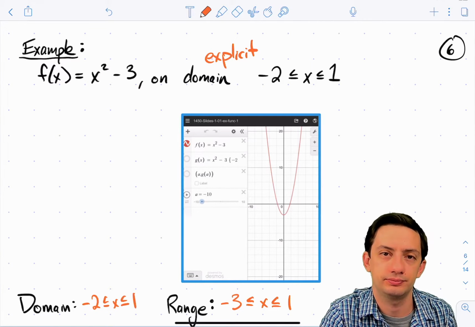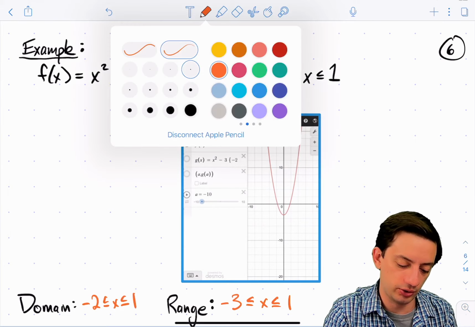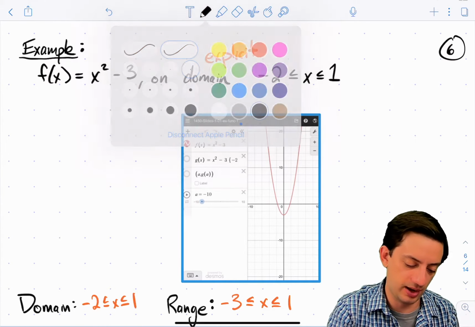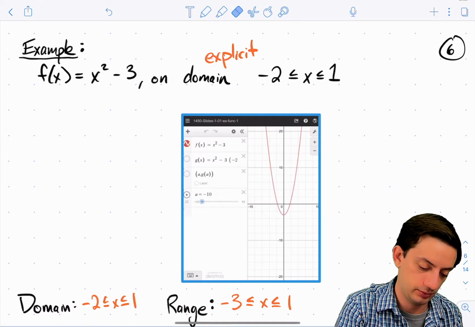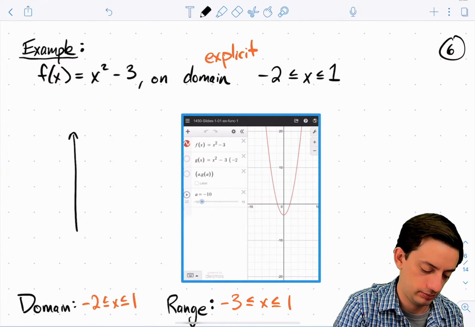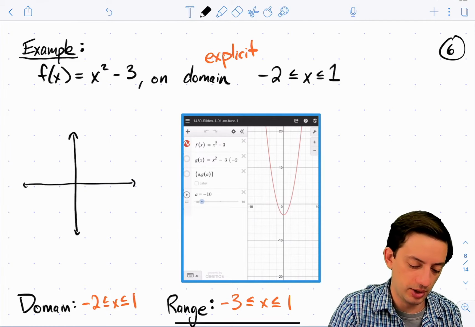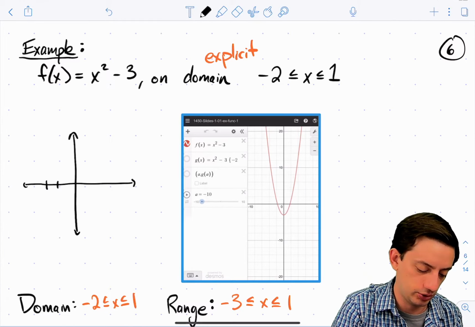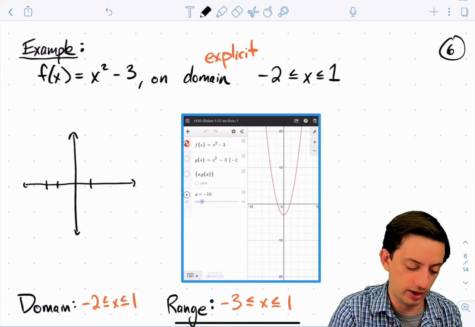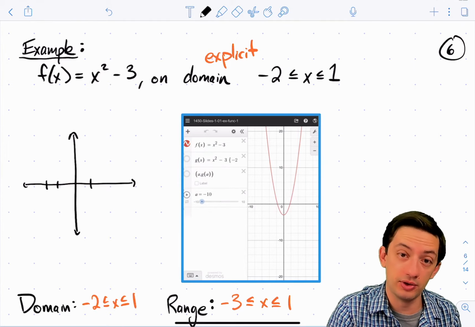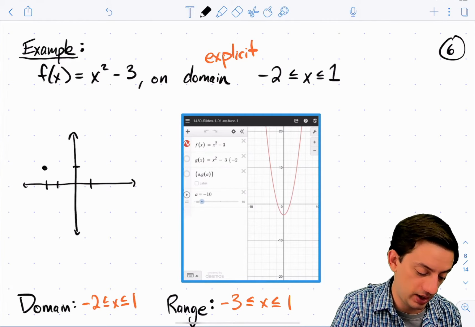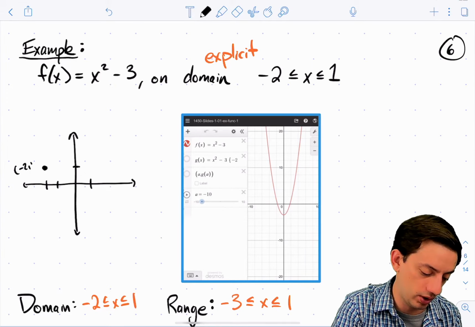and 1. So let's draw a little graph over here on the side, just so we have it. So our domain was -2 on the left, to 1 on the right. And we found that at -2, we had height 1, so that's the point -2, 1.